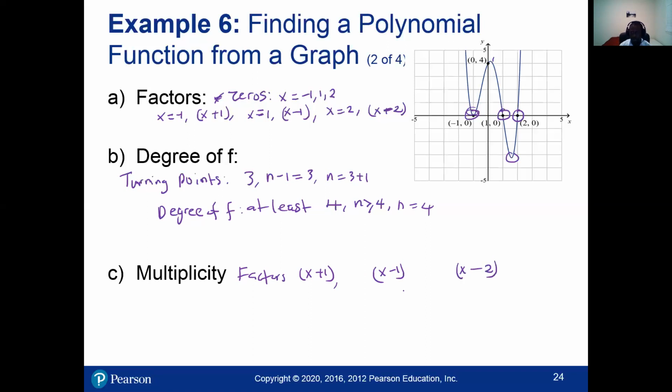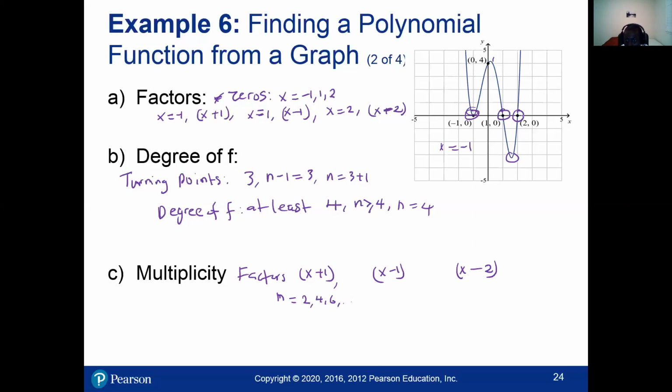In terms of multiplicity, because the graph touches the x-axis at negative 1, the multiplicity of that is even. We use m for the multiplicity, so m will be at least 2. It could be 2, 4, or 6, because it must be even. All right.